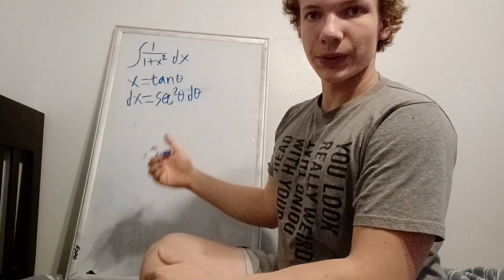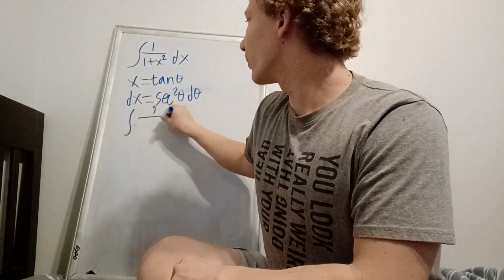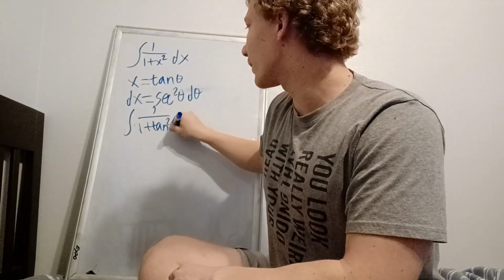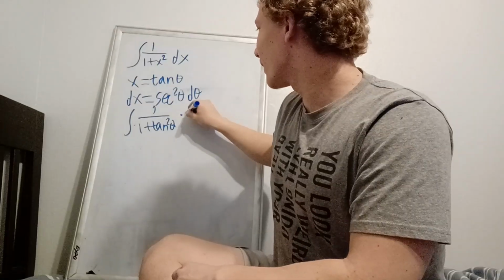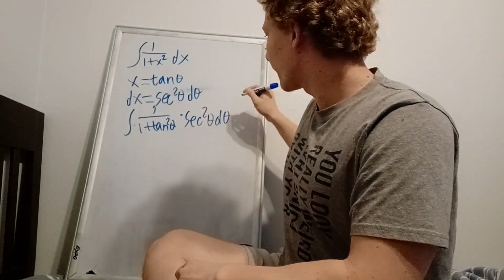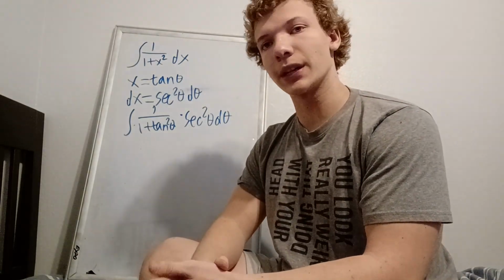All right, so what does that mean for us? Well, this new integral is going to be 1 over 1 plus tangent squared theta, my fault, times secant squared theta d theta. Now, 1 plus tangent squared is actually another trigonometric identity.